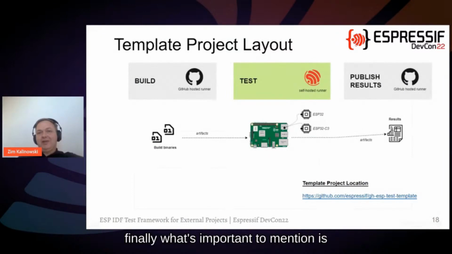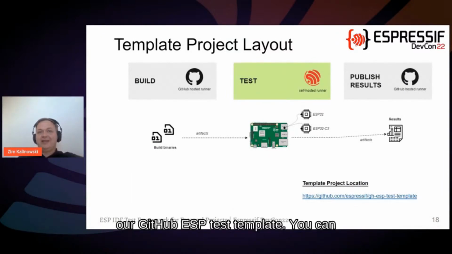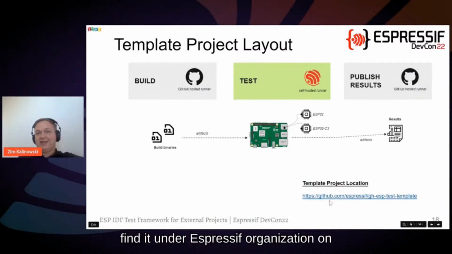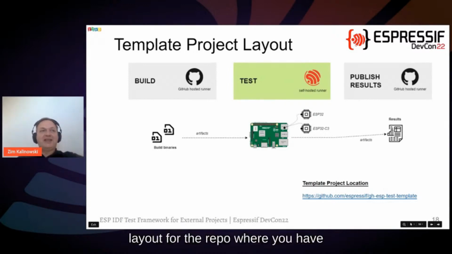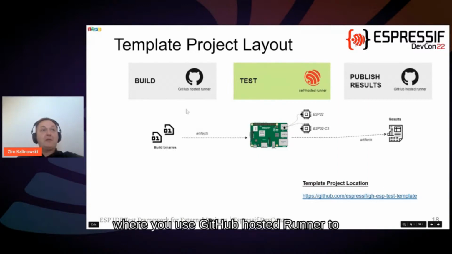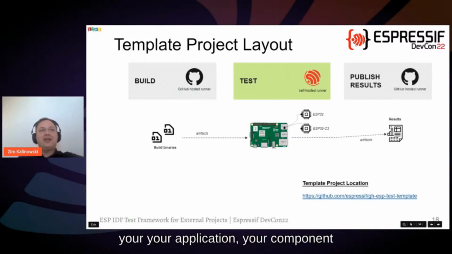Finally, what's important to mention is our GitHub ESP test template. You can find it under the Espressif organization on GitHub. The link is available here. It basically provides the basic layout for the repo, where you use a GitHub hosted runner to build your application, your component.